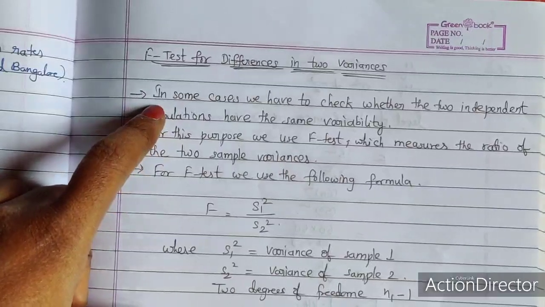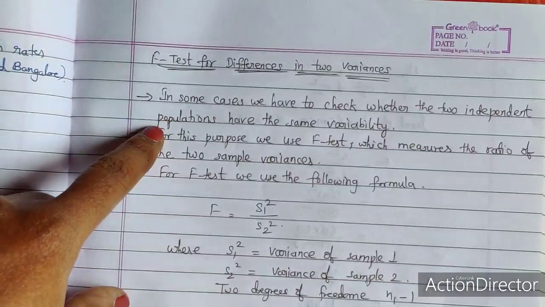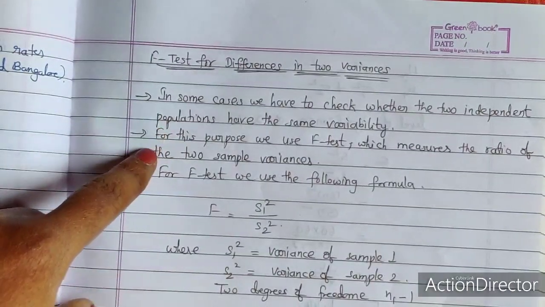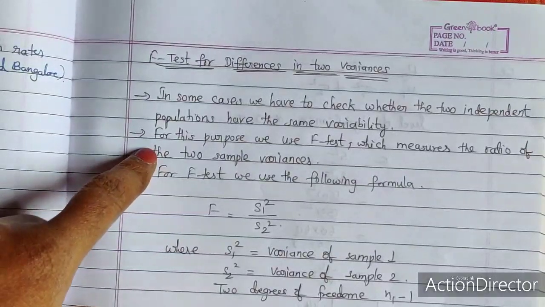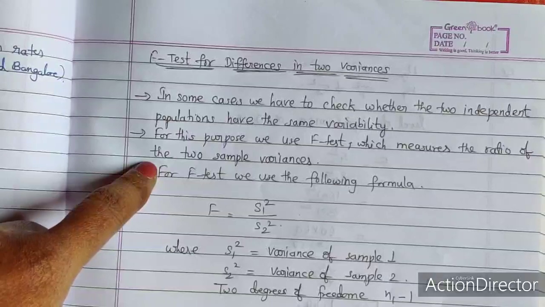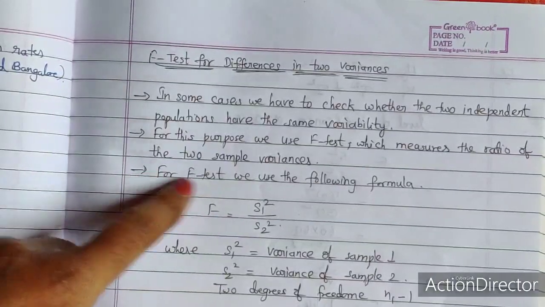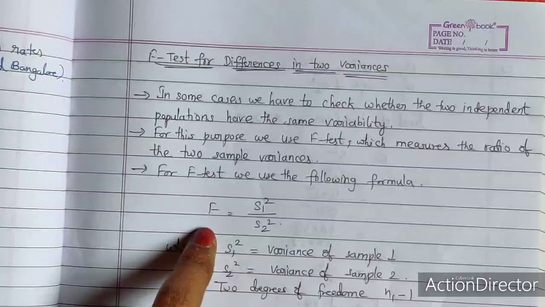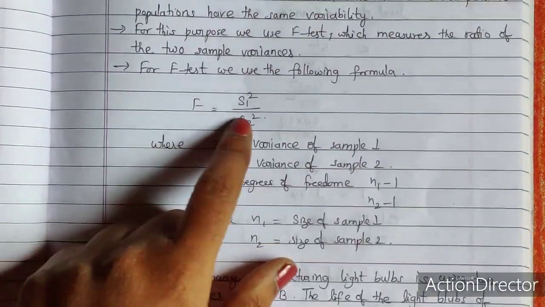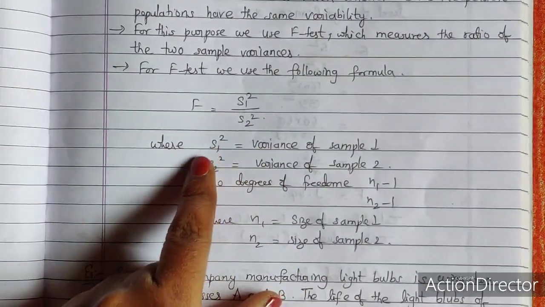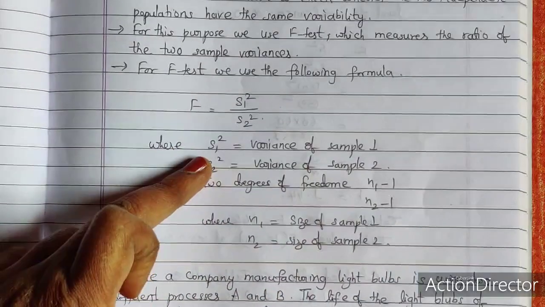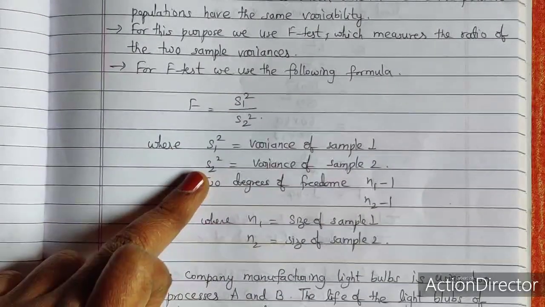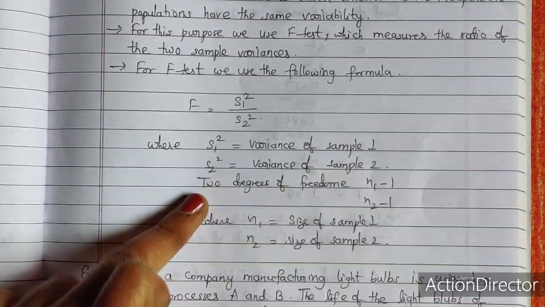In some cases we have to check whether two independent populations have the same variability or not. For this purpose we use the F test, which measures the ratio of the two sample variances. The formula is F equal to S1 square by S2 square, where S1 square is the variance of sample 1 and S2 square is the variance of sample 2.